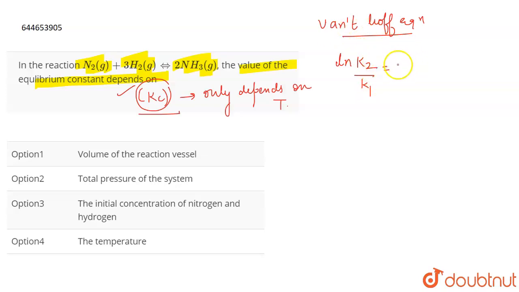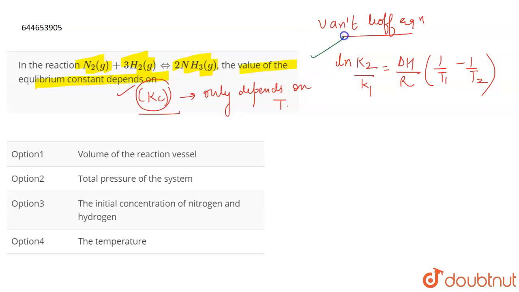This is equal to delta H divided by R, 1 upon T1 minus 1 upon T2, where delta H is the enthalpy change, R is the gas constant, and T1 and T2 are temperatures, right?